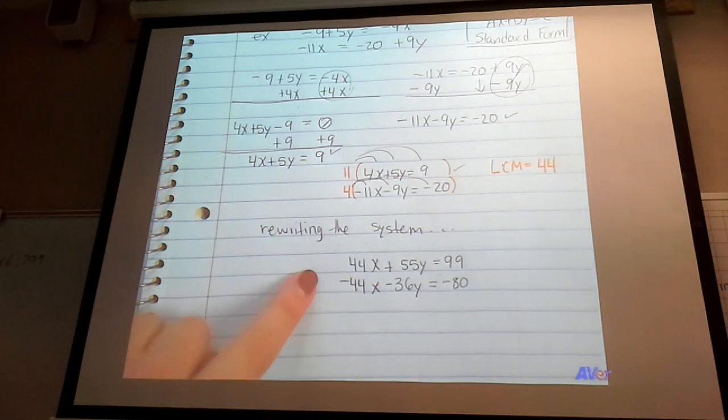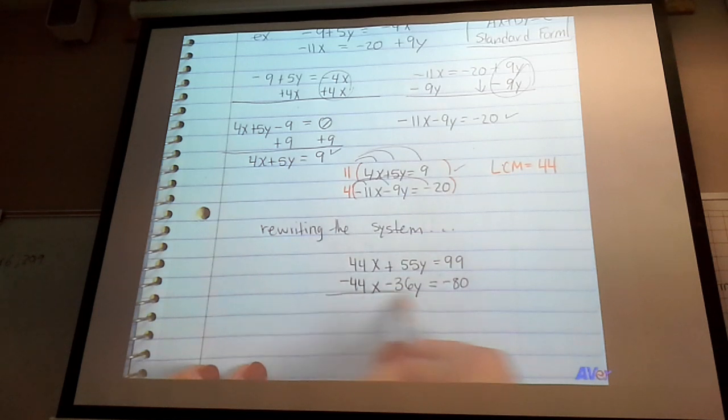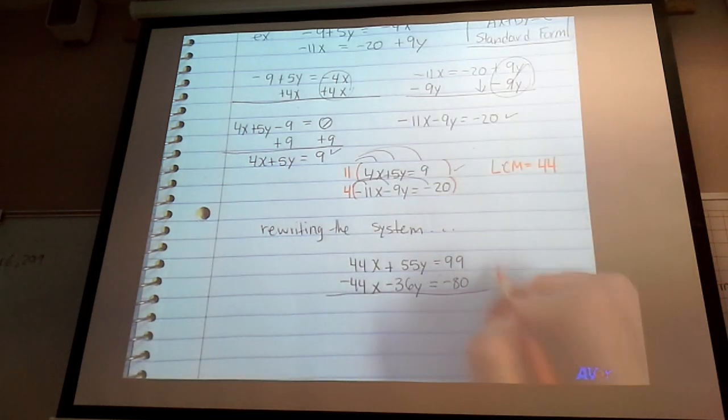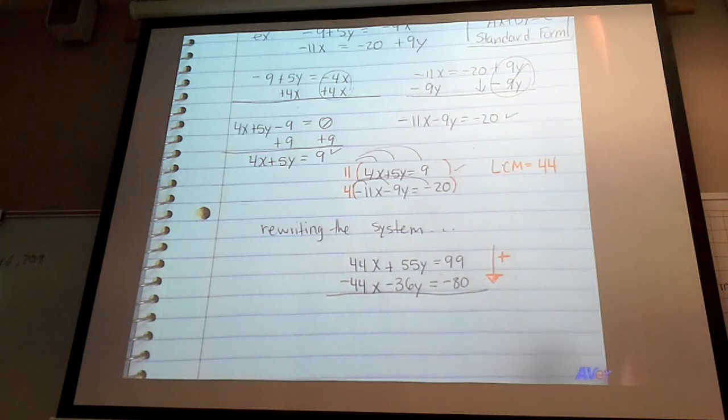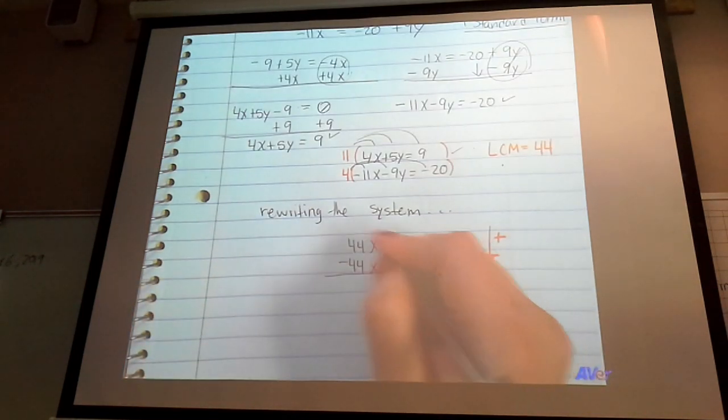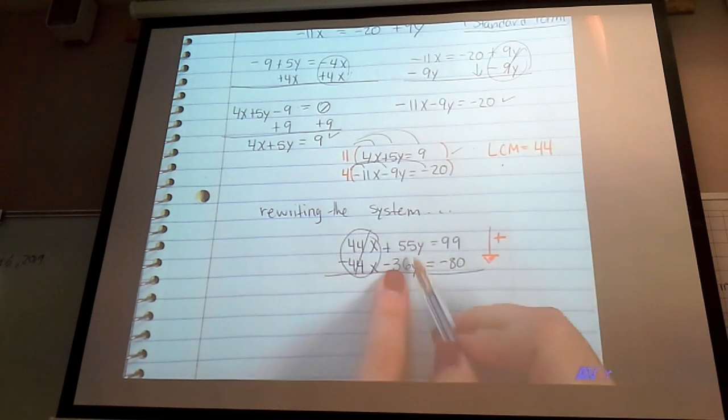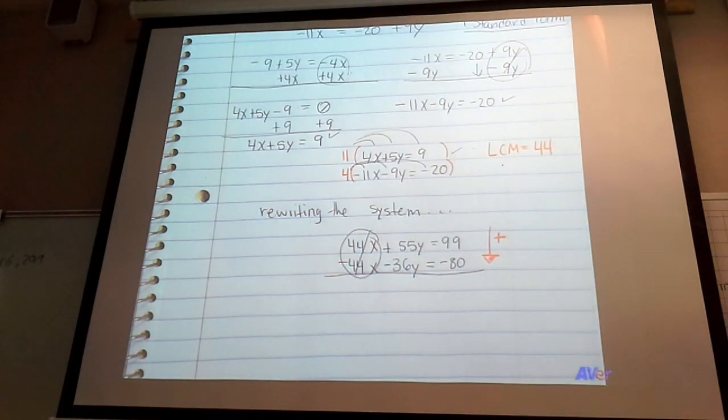Notice now that we have the same number, opposite signs in front of the same variable, I can now add straight down to combine these. So doing that gives me 0. And then 55 minus 36.